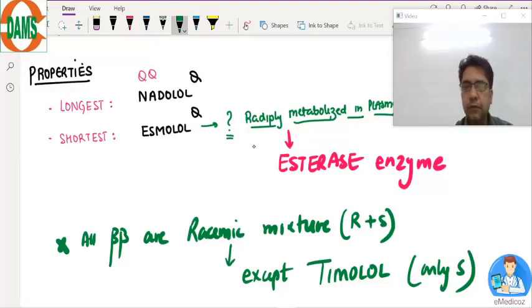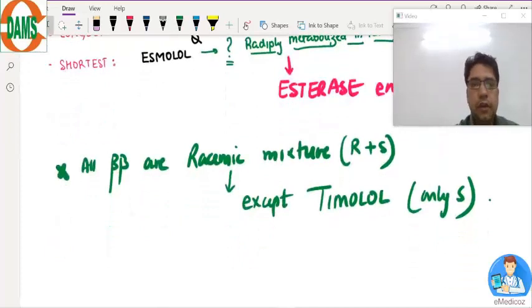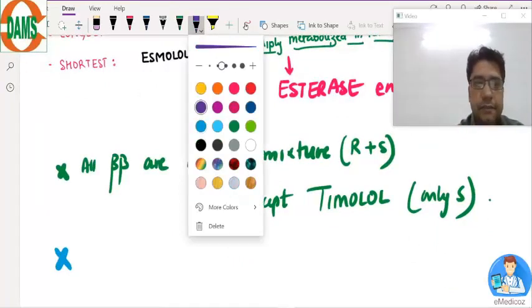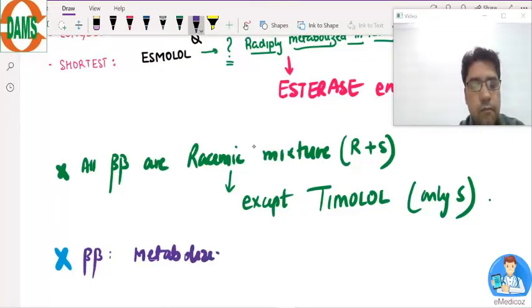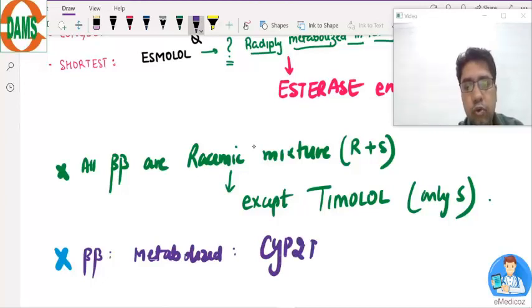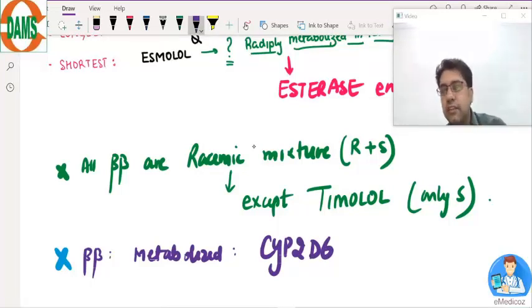Third point, we will write that beta blockers are metabolized by CYP2D6. What is CYP2D6?